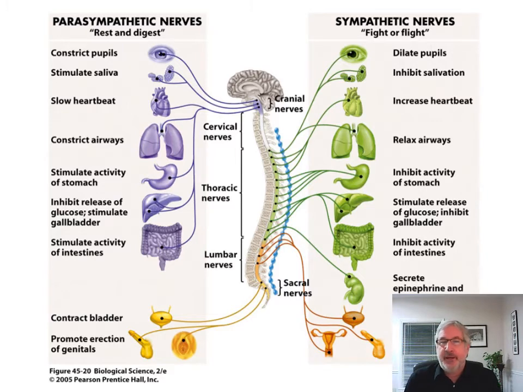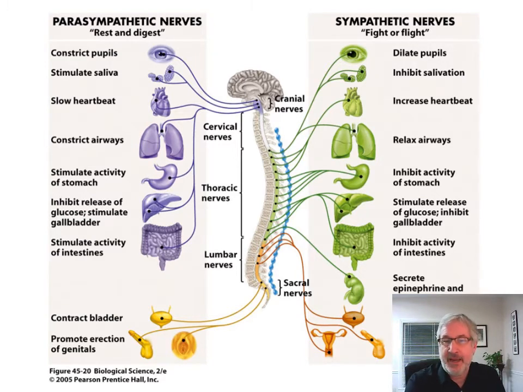Here's where the parasympathetic nerves and sympathetic nerves originate from. We're going to actually look at, in the diagrams, the sympathetic nerves. So here's your fight or flight system on the right side, and the cell nuclei are found in these ganglia, all down in this region from the thoracic nerves through the lumbar nerves, so T1 through about L2, L3 in that range.